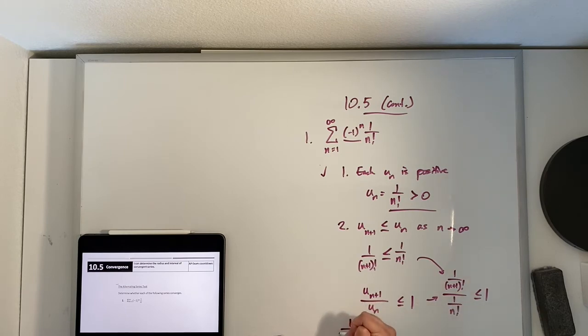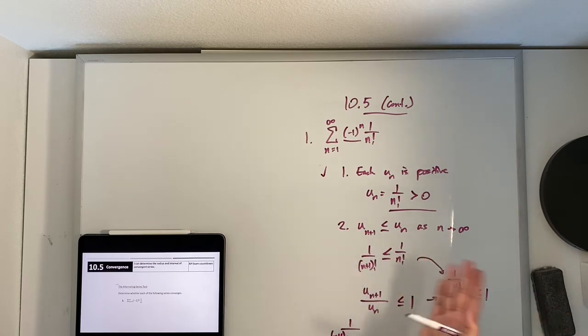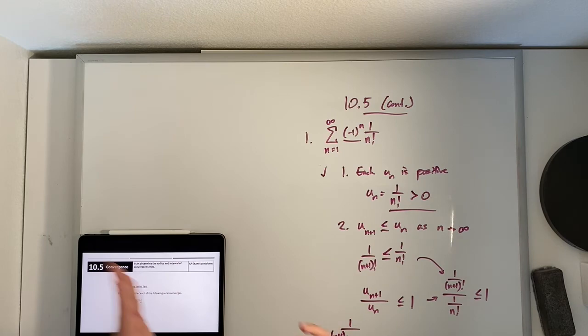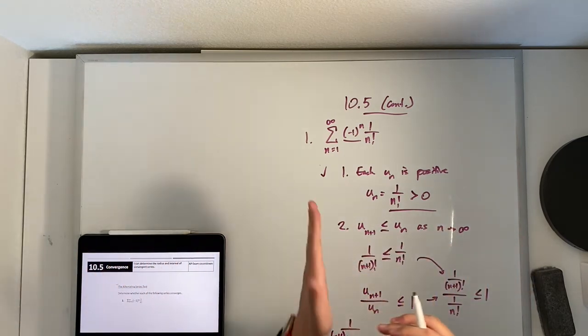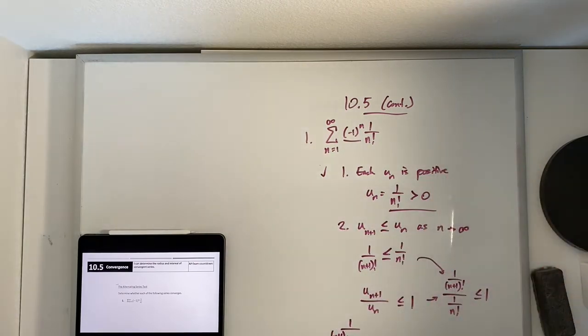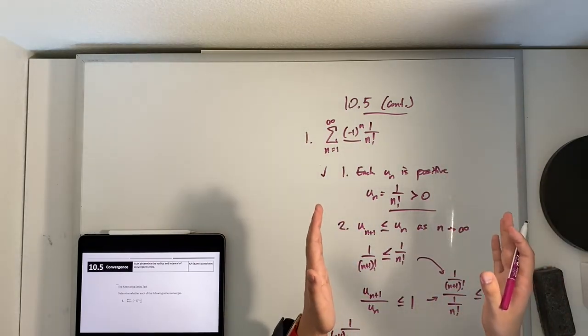This is 1 over, now n plus 1 factorial, let's think about this. That's n plus 1 times n times n minus 1 times n minus 2, all the way down to times 1. N plus 1 times, okay, let's think, n times n minus 1 times n minus 2, all the way down to times 1, itself is just n factorial.